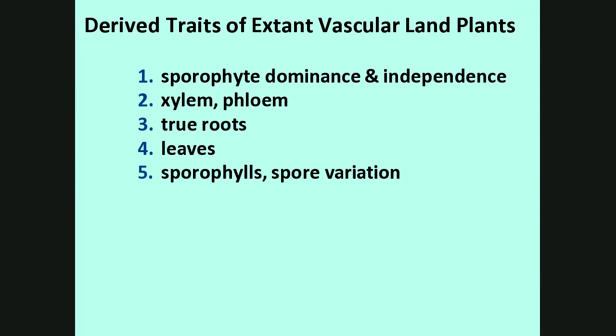All right, so we'll break it down to 5 things. We'll talk about sporophyte dominance and independence. We'll discuss something called xylem and phloem. Then finally true roots and leaves, and then what we're doing to the spores, how we're getting this spore variation and how that's going to help plants out. So let's start with this first one if there aren't any questions first. Let's go on to sporophyte dominance, right?